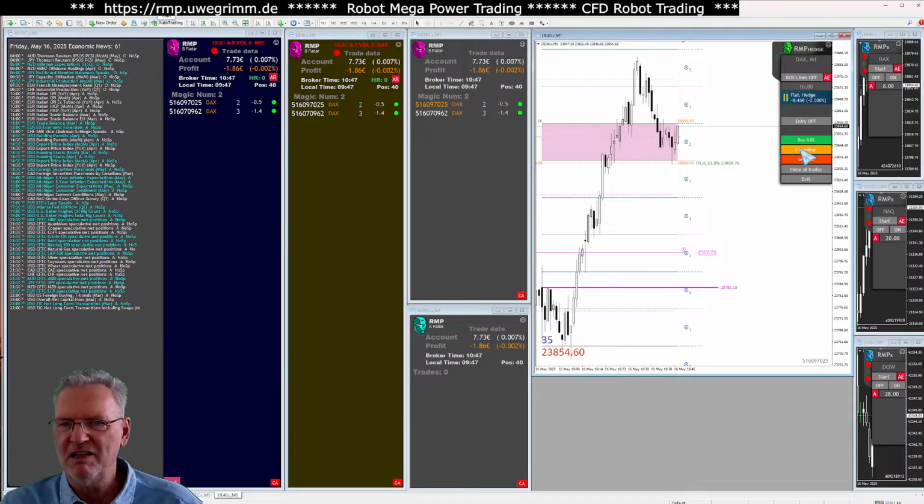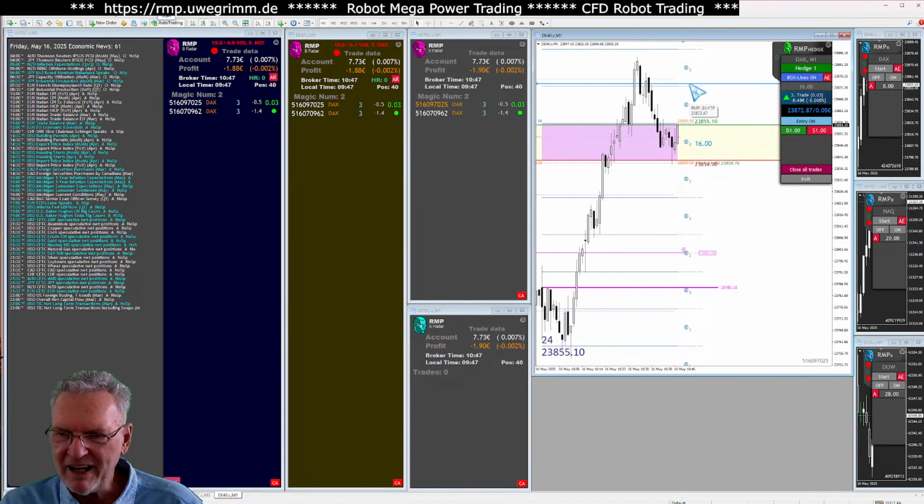It's going long. It seems that it's going long. Okay, let's buy. So we have to go until there to resolve this hedge. I say, I want to resolve it more aggressive.